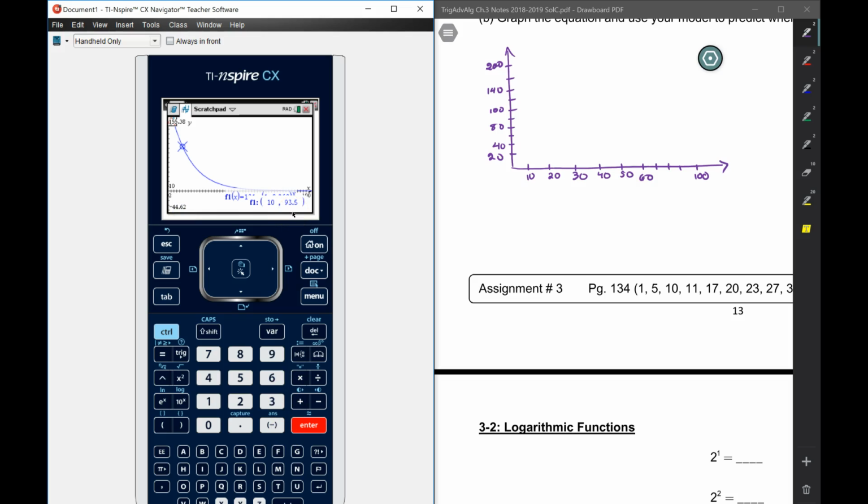When x is 0, I started at 192. When x is 10, it's 93.5. What about when x is 50? Type in 50, enter, 5.38, all the way down there. What about when x is 30? 22.4.